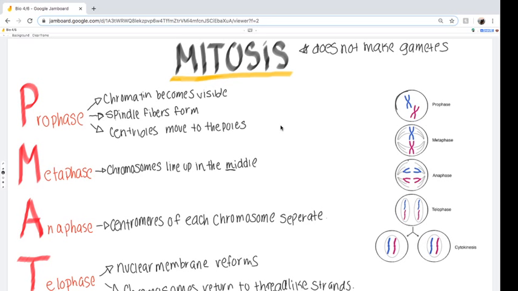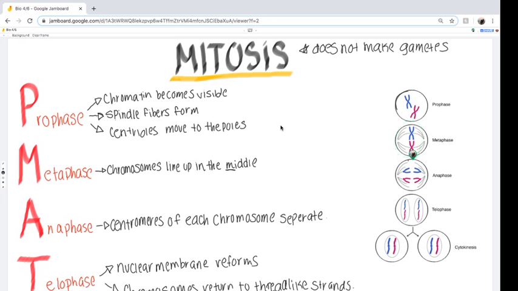Mitosis also has four stages or phases called PMAT. So in the prophase, this is where the chromatin becomes visible, the spindle fibers form, and centrioles move to the poles. Good diagram here. And then the metaphase is, remember, it lines up in the middle. The chromosomes line up in the middle like this in a single file.